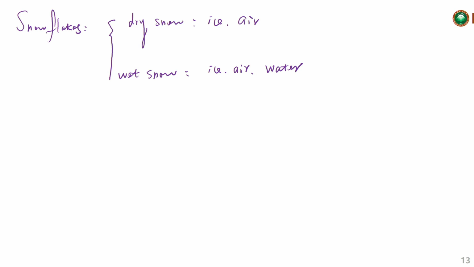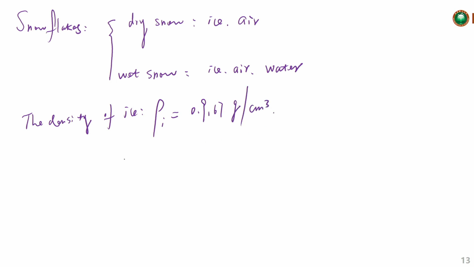Right? So for the snowflakes, one very important parameter is the density of ice, rho_i, which is usually constant at 0.9167 grams per cubic centimeter. This is for ice.